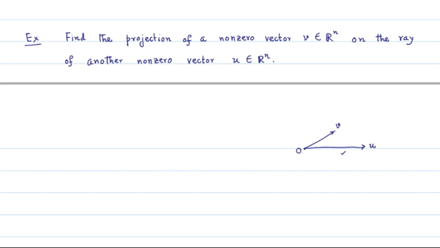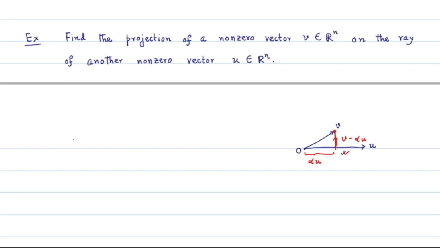Obviously the projection of this point v is such a vector on u that the difference vector is perpendicular to this particular ray. As the projection vector is given by some scalar alpha times u, the difference vector is given by v minus alpha u.